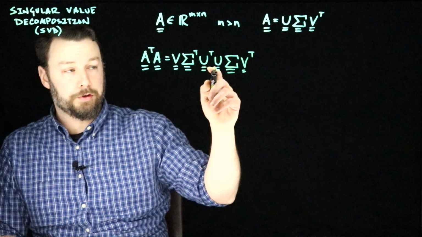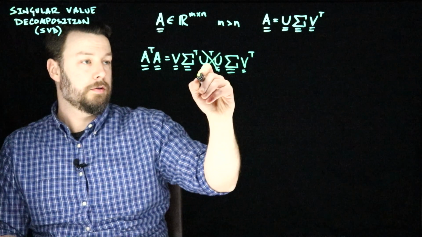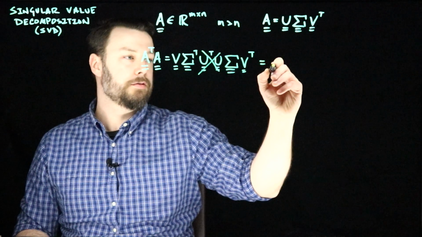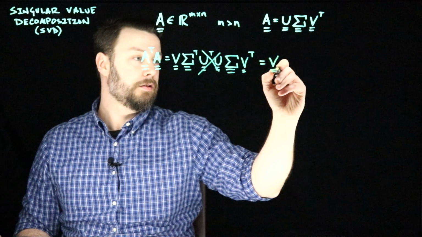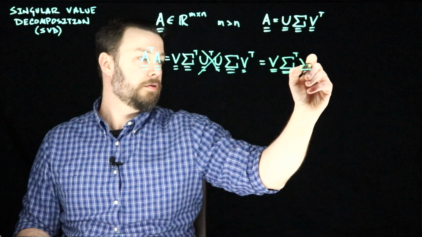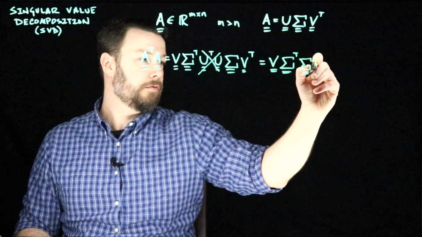Now, U is orthonormal, so U transpose U becomes identity, and we get V sigma transpose sigma V transpose.